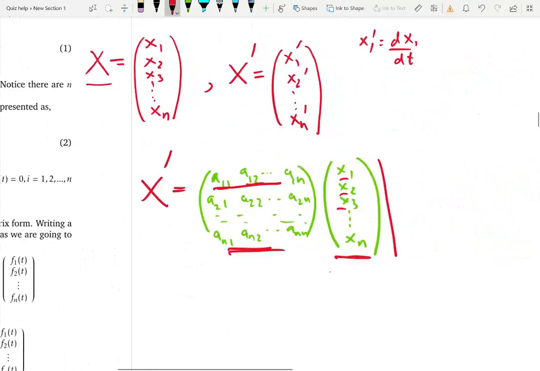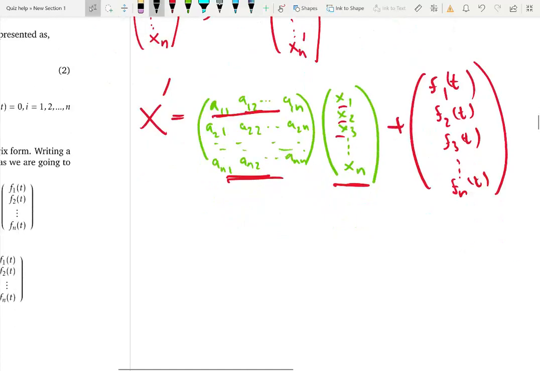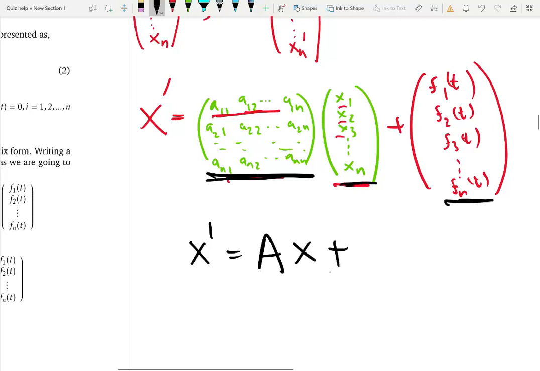Then what can we do about these f terms? Well, I can write them as plus f1(t), f2(t), functions of time, f3(t), and so on, fn(t). So I can write the system of differential equations as x prime. Let's call this coefficient matrix A, capital A. This is capital X, plus let's call this vector f.